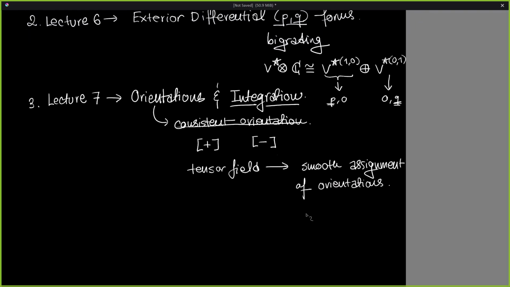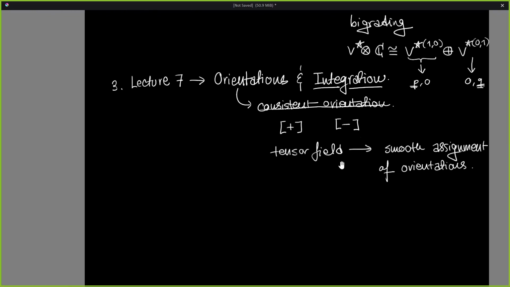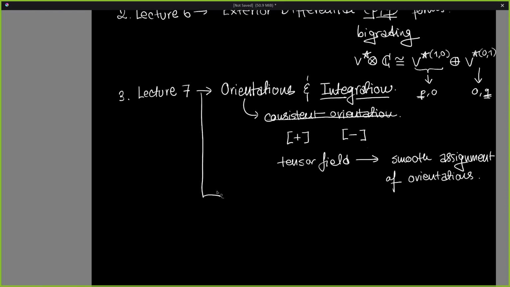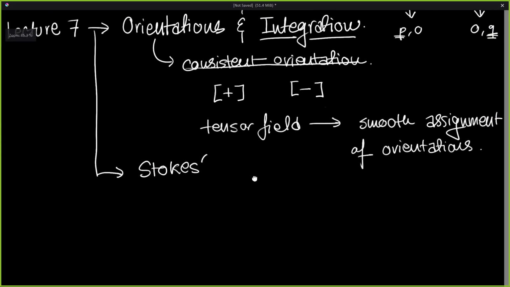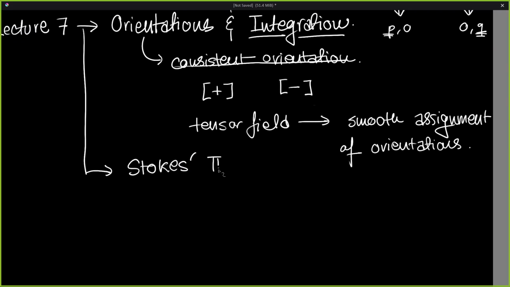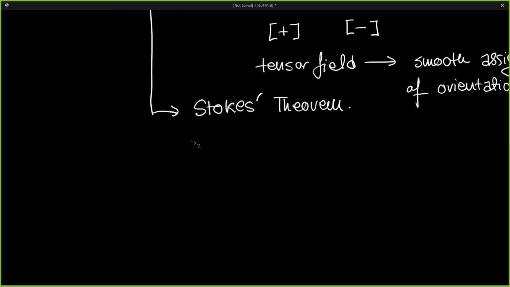And this is what would allow us to define integrals on our manifold, and using integrals we defined Stokes theorem. Stokes has the S in his name, so I keep forgetting that. I'm going to repeat it here because it's going to become relevant now.